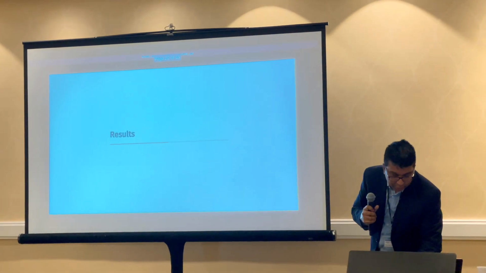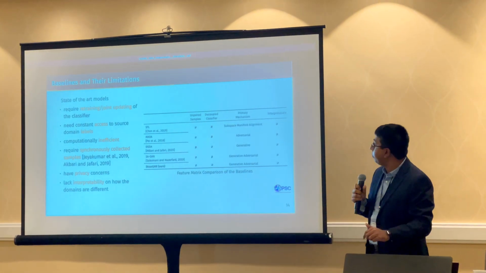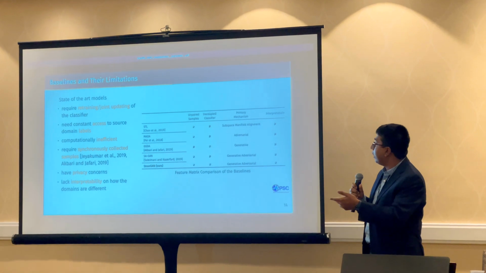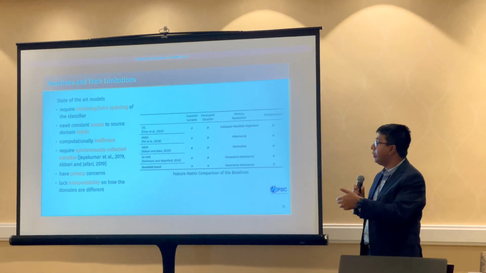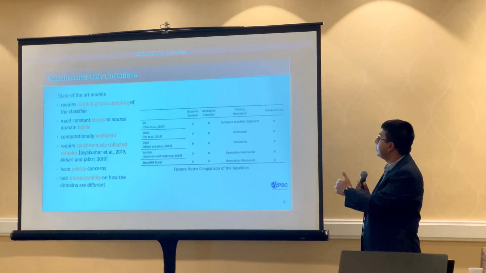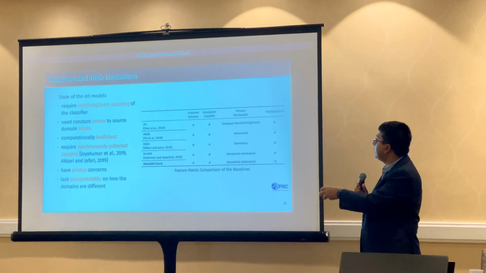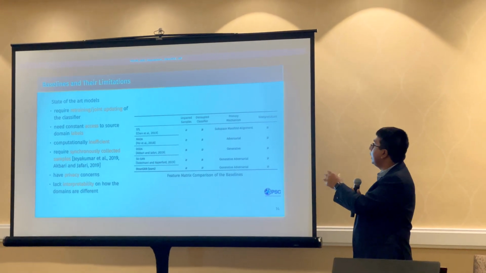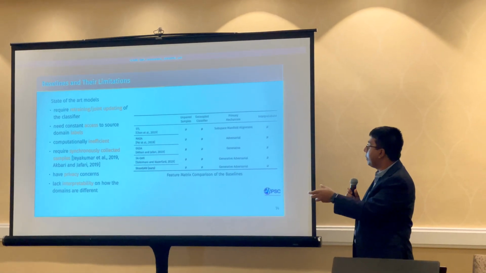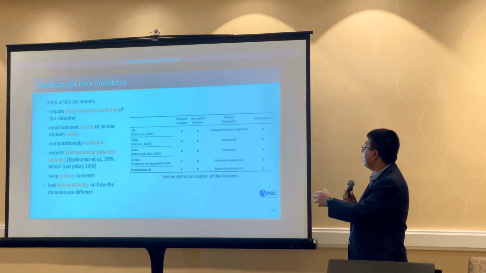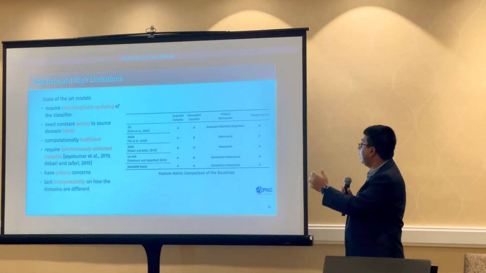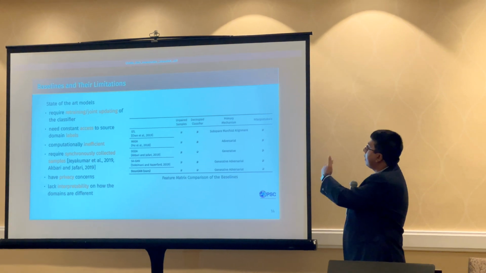So let's take a look at the results. Before going there, just a recap of some of the baselines that we have used. These are all state-of-the-art and chosen specifically to be the best within their methodology. STL is a subspace manifold alignment-based method, and the others are also best in their category.